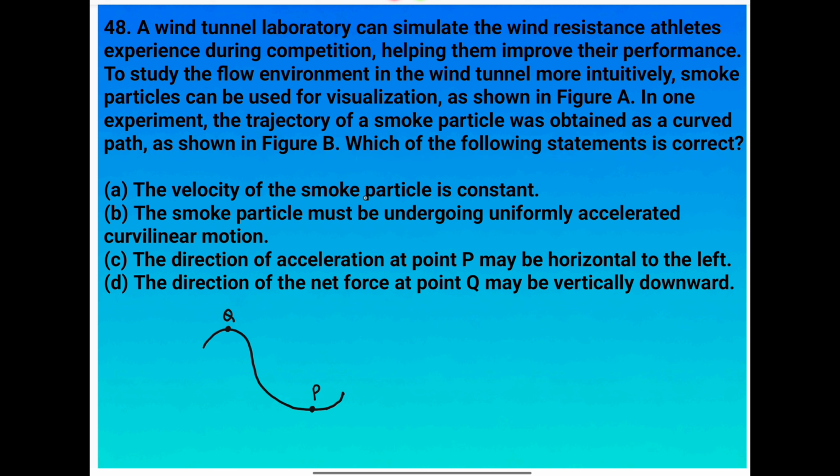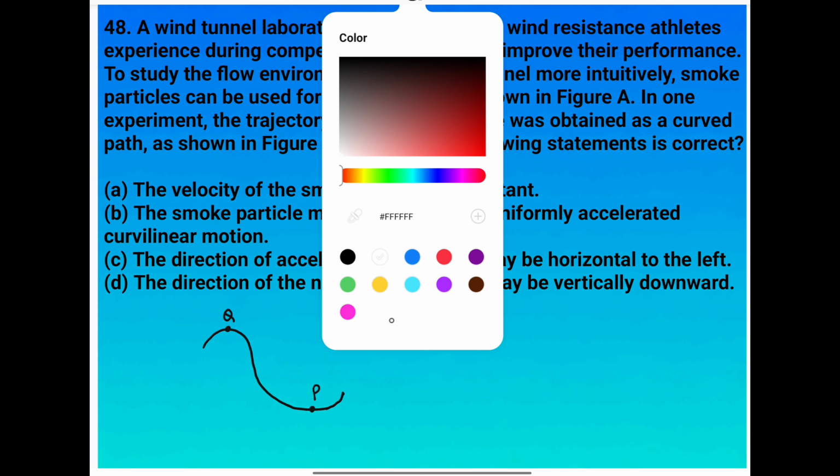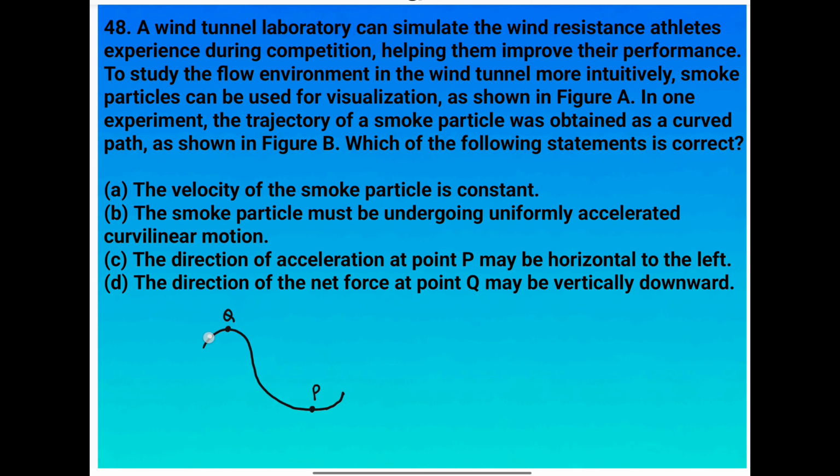The velocity of the smoke particle is constant. Here when you draw the velocity, we know that the velocity at every point is given along the tangent at that point. Suppose this is the point I'm considering. At this point, the velocity component is like this, and the direction of velocity is in this direction.